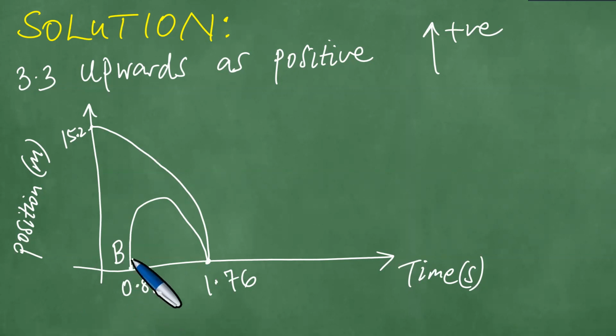So B went up and then was able to hit the ground after 1.76 seconds, but ball B was thrown up 0.81 seconds after A was already in flight and going straight down. So B was just thrown and did this, because it went up and then down. So this is sort of what happened with ball B.